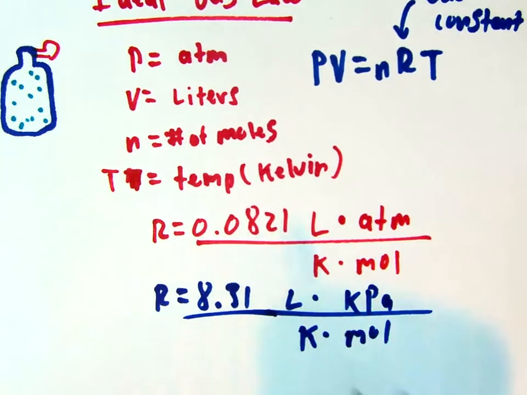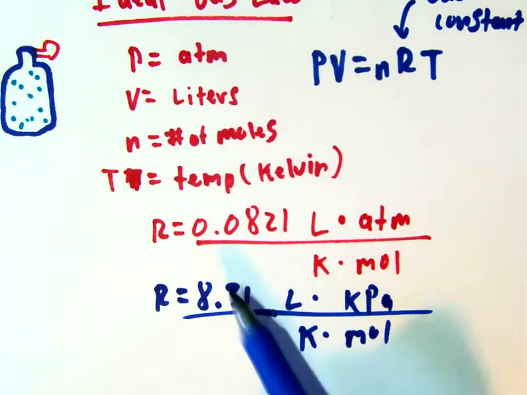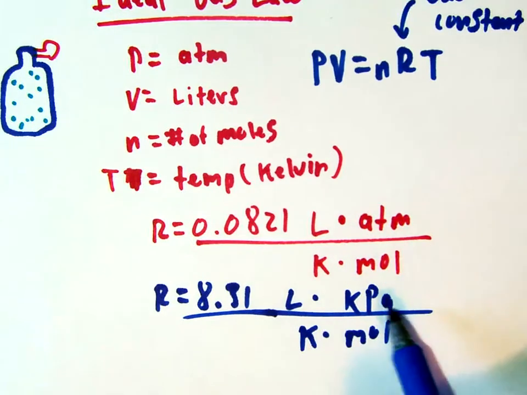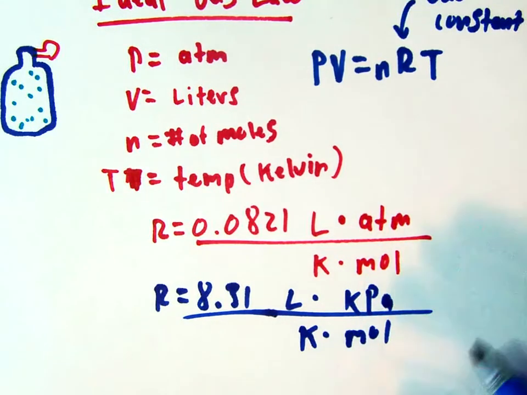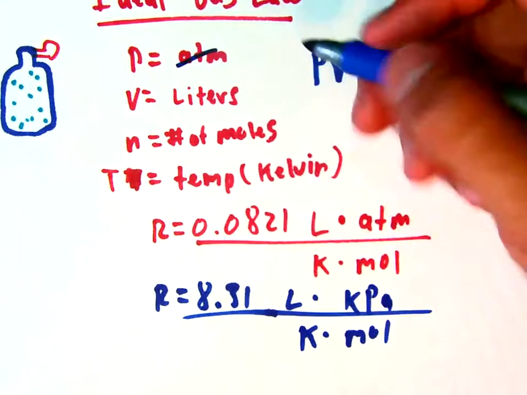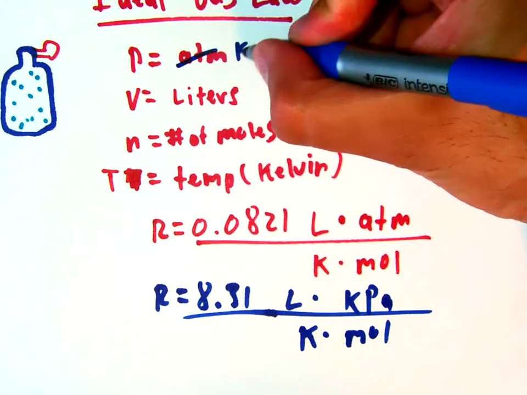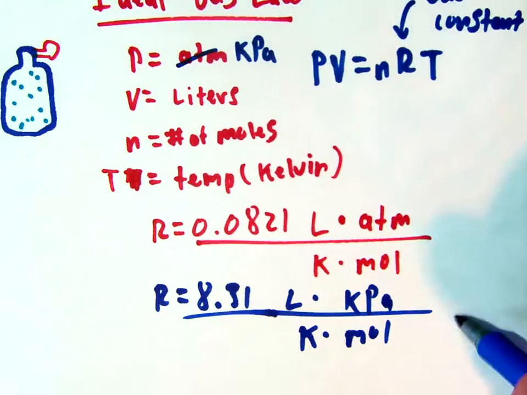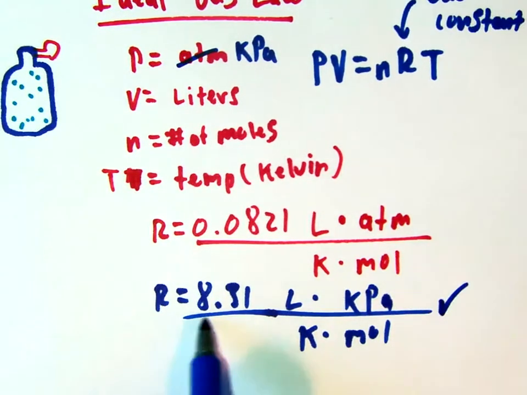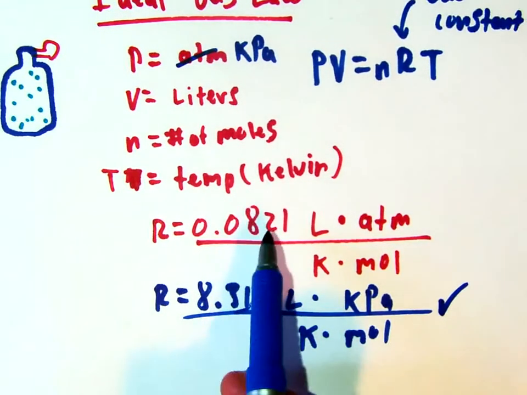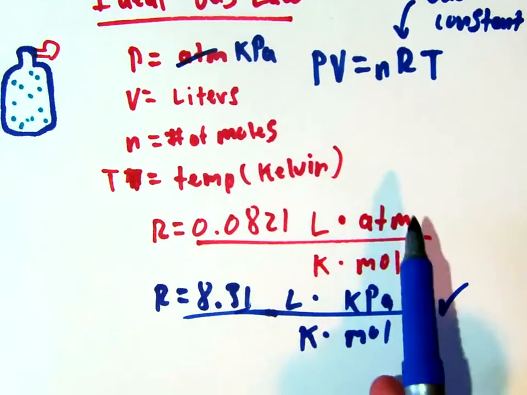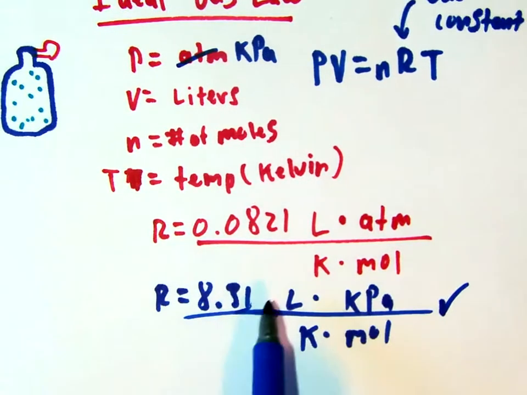How are these different? First of all, the number is different, right? All the units are the same except pressure. This is atm, this is kilopascal. So if you are given a problem that gives you kilopascals rather than atm, you're going to be using this number, 8.31, rather than this. Or you can convert to atm, but it's easier to just use this number.